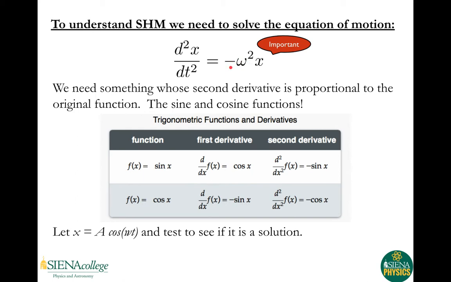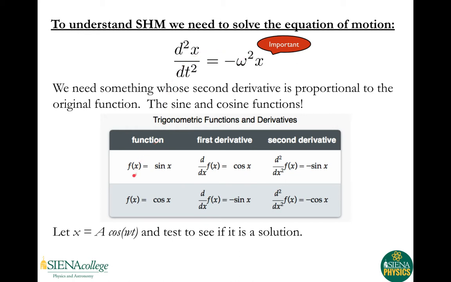So I take some function, take the derivative once, take the derivative again, and I get my function back with some numbers out in front. The functions that should come to mind that would satisfy this are sine and cosine. We could also use the exponential function too, but we're just going to focus on sine and cosine.